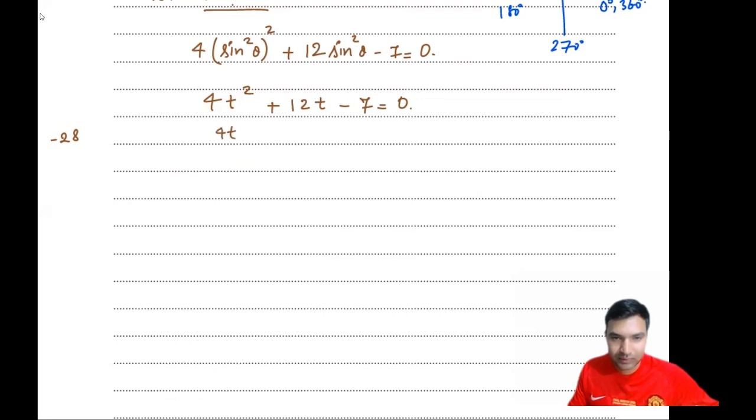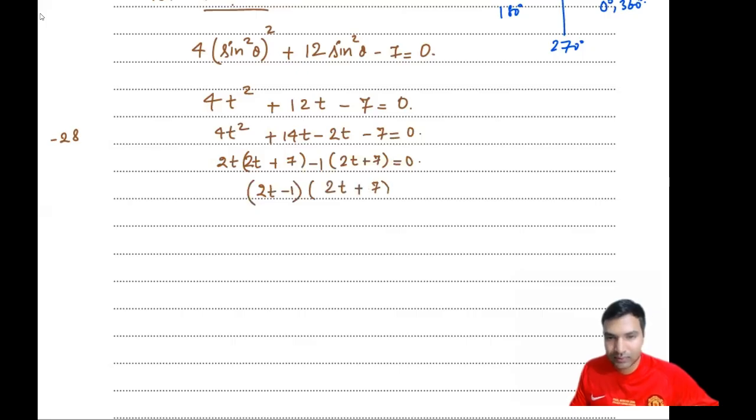I can split the middle term as positive 14t minus 2t minus 7 equal to 0. And then 2t taking common, I'll get t plus 7, 2t plus 7 actually. And then 2t plus 7, repeat the brackets, minus 1 outside. And therefore we get 2t minus 1 times 2t plus 7 is equal to 0.